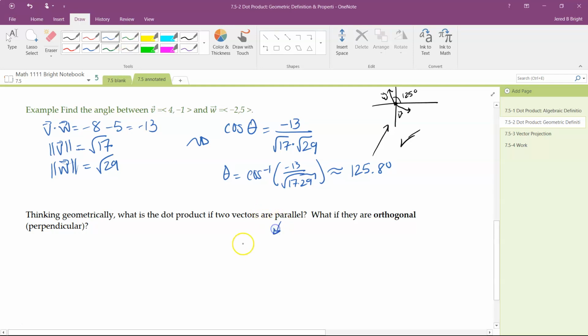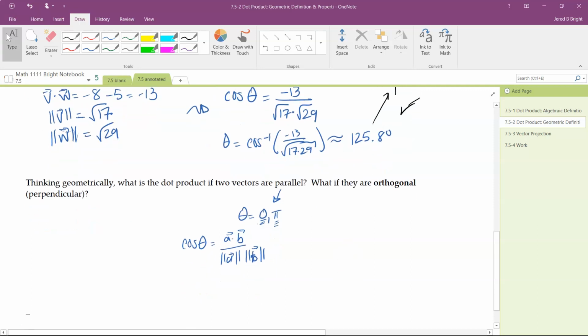the angle between them is either 0 or pi, so it could either be, if they're pointing in the same direction, it would be 0. If they're pointing in opposite directions, it would be pi. So then what do we get here? Remember the definition is cosine theta is equal to A dot B over length of A, length of B. And so if you evaluate cosine at 0 or pi, this ends up being either 1 or minus 1.